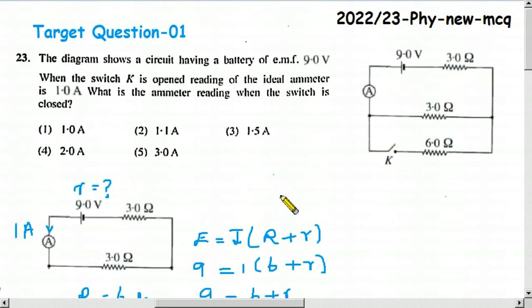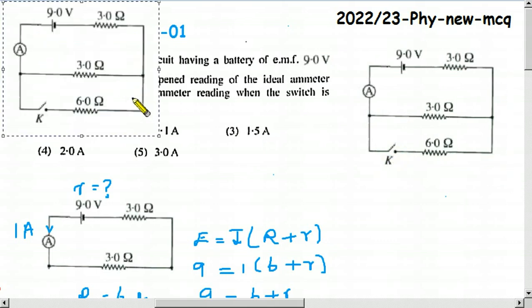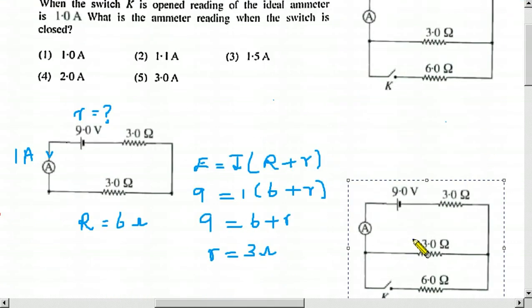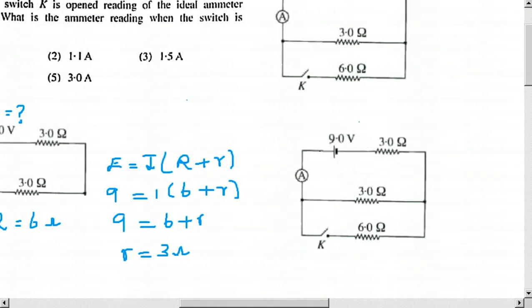Now let us go to the second incident. First of all, we have to indicate that this r is 3 ohm here in the diagram. So they have put the switch like this, closed.